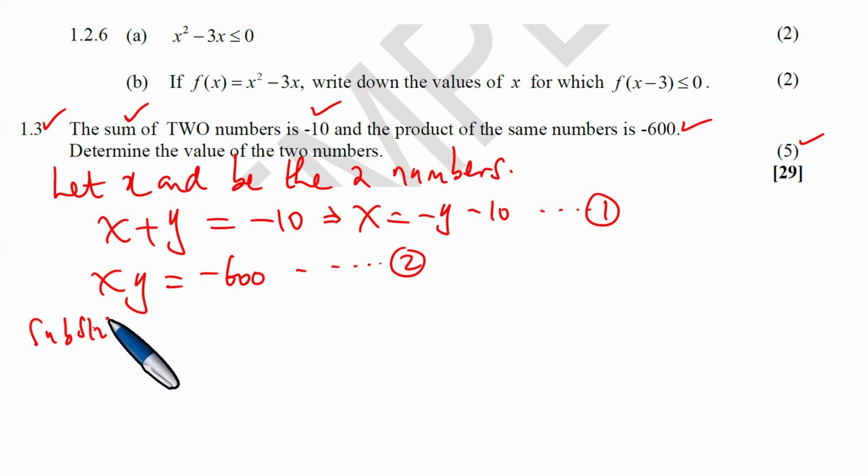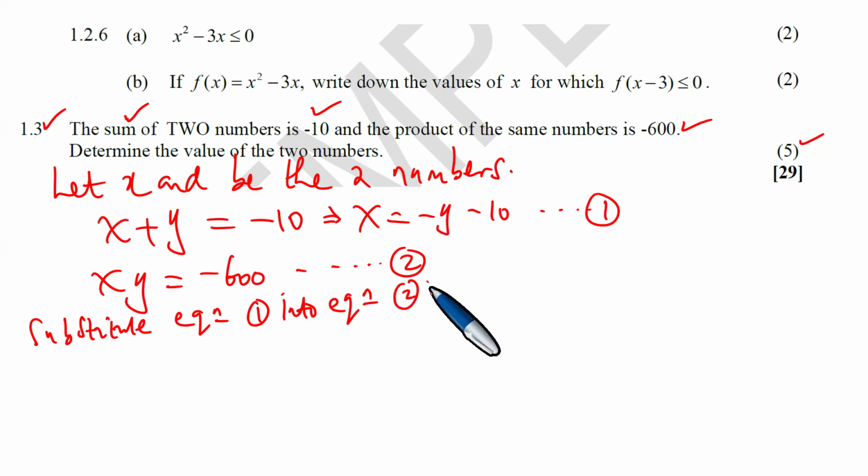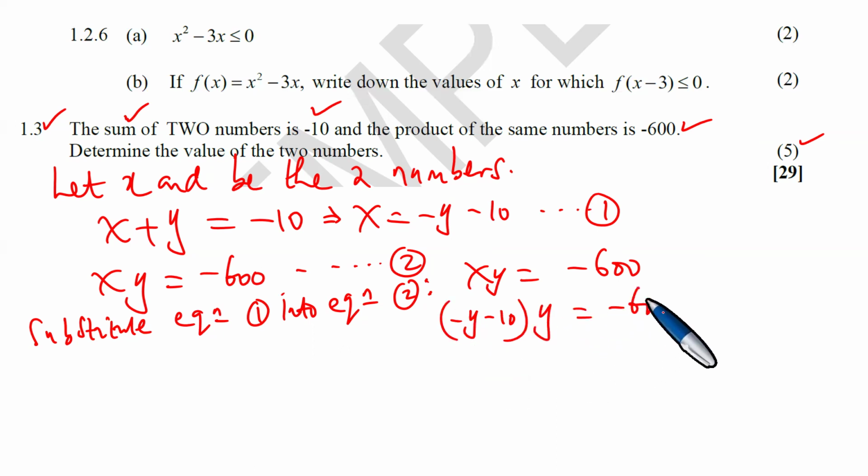Substitute equation 1 into equation 2. Okay, so it's minus 600. x is minus y minus 10, so if there's x, you put minus y minus 10. y times that equals minus 600, which means you have minus y squared minus 10y equals minus 600.